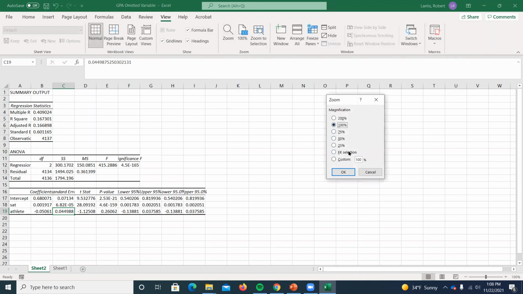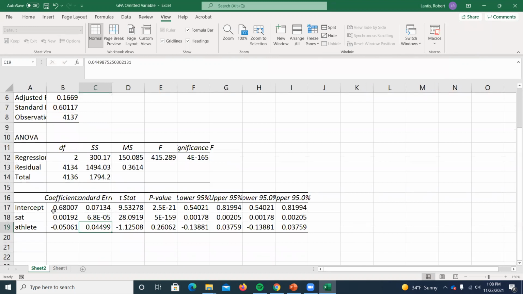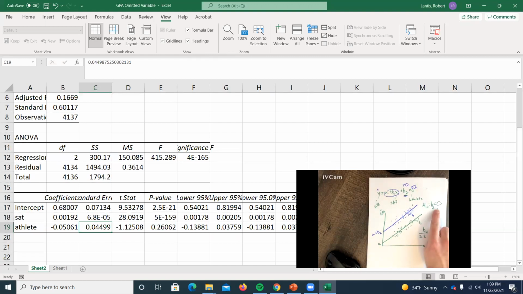The way we interpret the coefficient is always the same. However, just because we see a value here, if the p-value is high enough, we can't actually say that the assumed true value of 0 isn't the true value. The p-value is 0.26. That's not less than any of our conventional alphas: not less than 0.1, not less than 0.05, not less than 0.01.